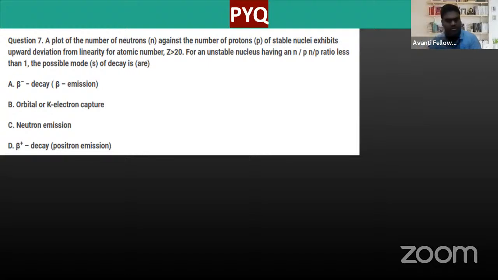So let's see the solution. Basically, in this process there is a decrement in protons, which increases the ratio. So in option B, there is K electron capture, the orbital K electron capture. In this process there is a decrement in protons, which increases the ratio.